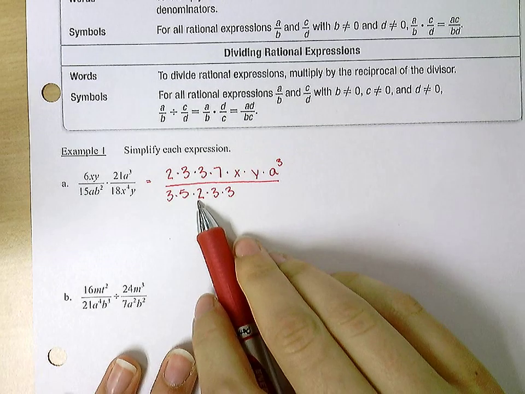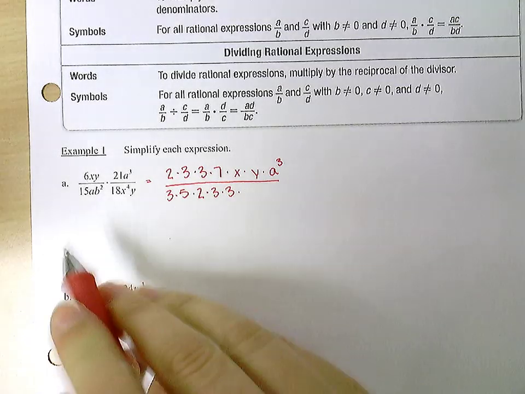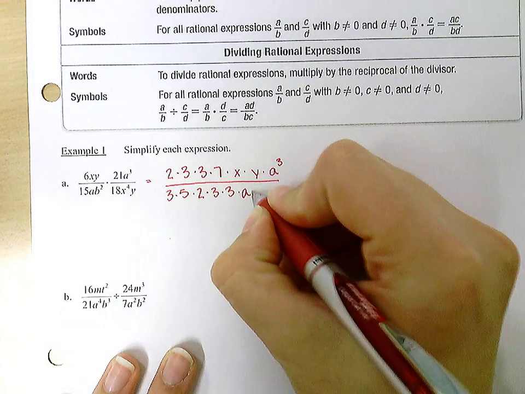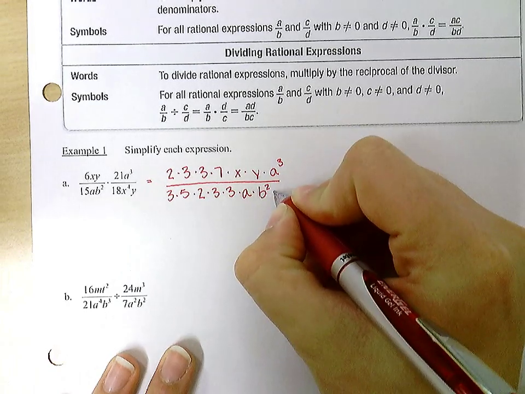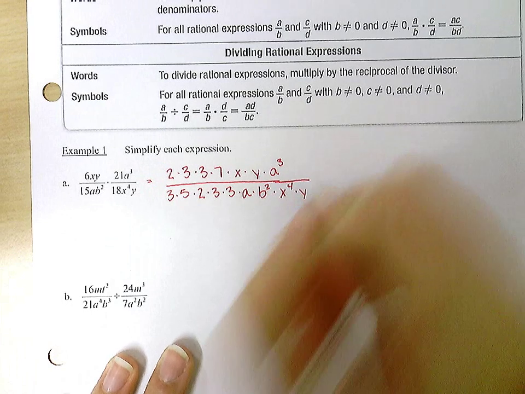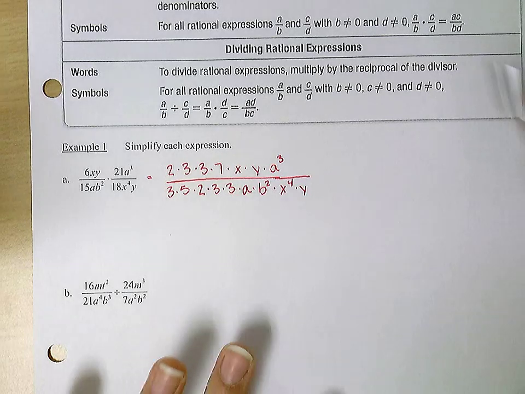So that's how I would factor out 18. Okay, and then I can multiply in my variables. So I have a, b squared, x to the 4th, and y. Okay, I'm writing out these factors so I can cancel out like terms in the numerator and denominator.